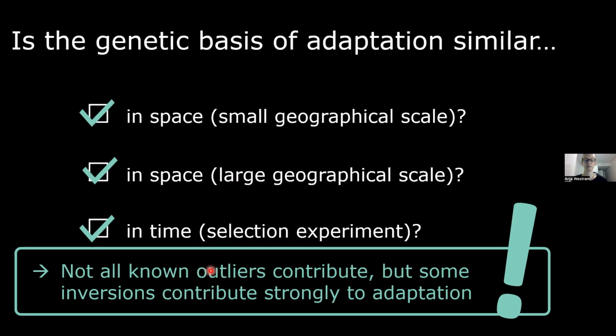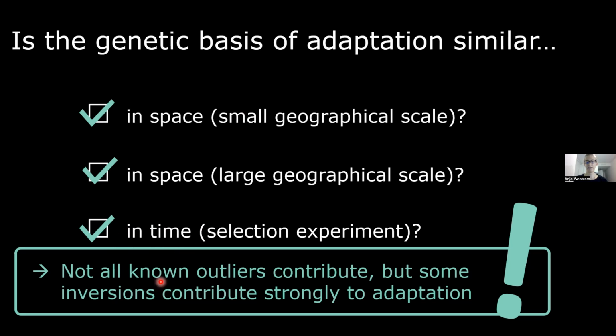So yeah, if we want to answer our question, is the genetic basis of adaptation similar also in time if we do an artificial selection experiment? We can say yes, to some extent it is similar. We find some of the outliers that we have detected in previous studies also contribute to adaptation here, and certainly some of the inversions do as well.